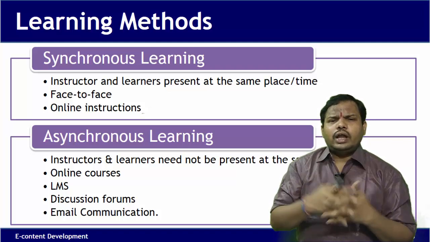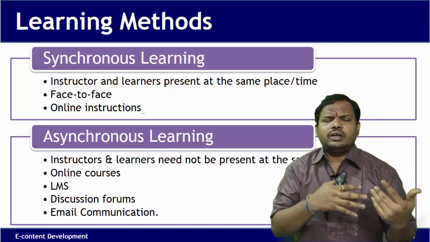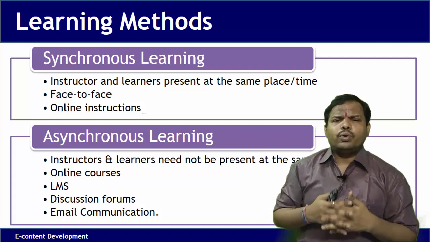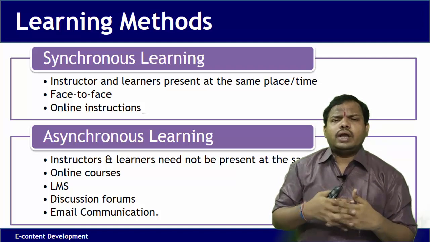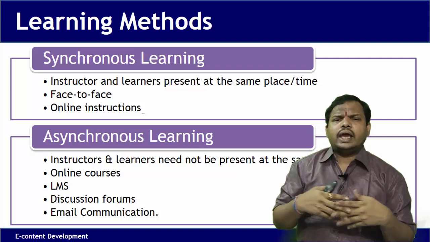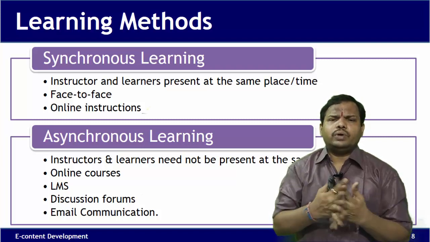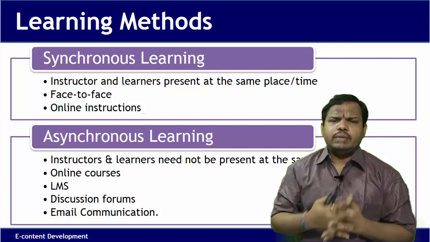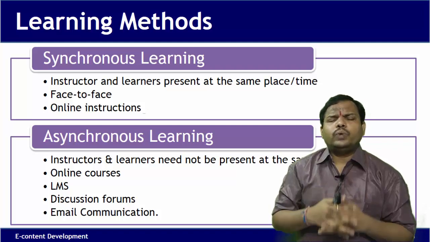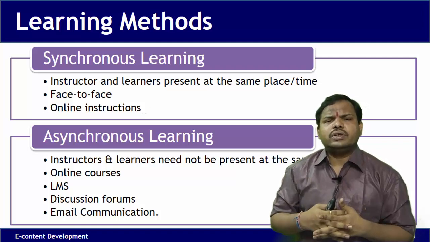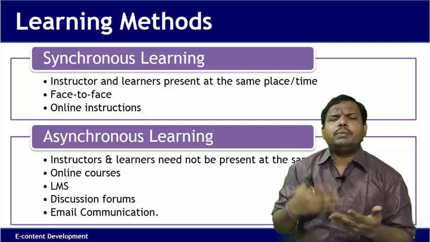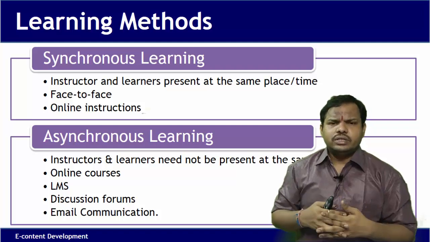Now in online mode, when the instructors and the learners are not in synchronous mode, discussion forums play a very important role in asking and solving the queries of the learners. The learners can interact with the instructor over discussion forums. They can also send emails to the instructor to ask the query. Also, one advantage in asynchronous learning is that the learners can learn among themselves. There can be peer learning that happens in the asynchronous mode.